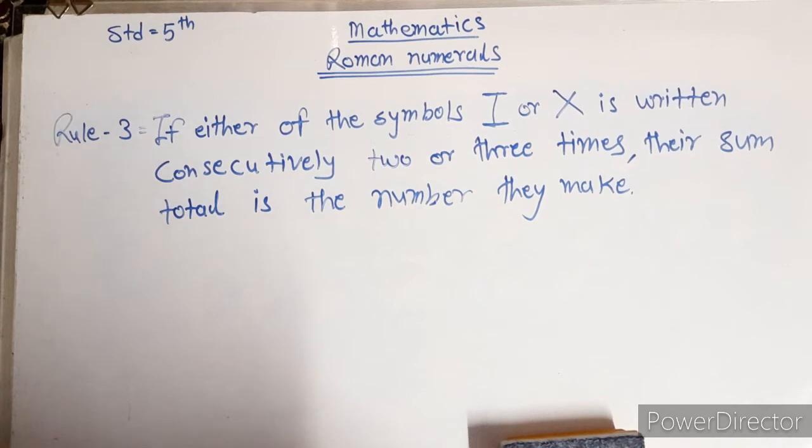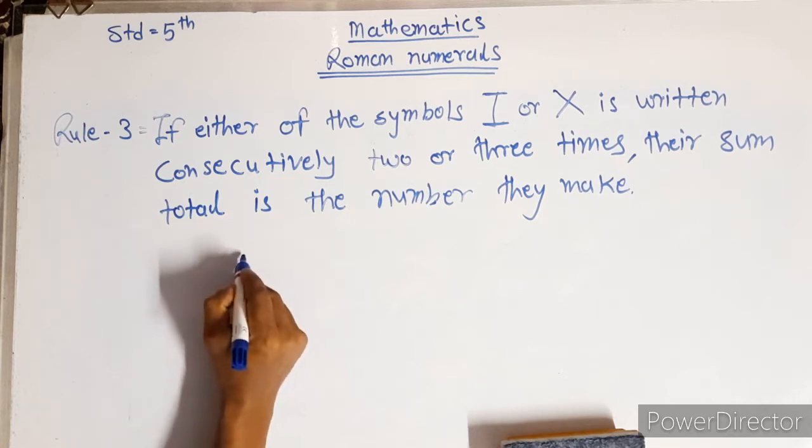Student, rule number 3. If either of the symbols I or X is written consecutively 2 or 3 times, their sum total is the number they make.